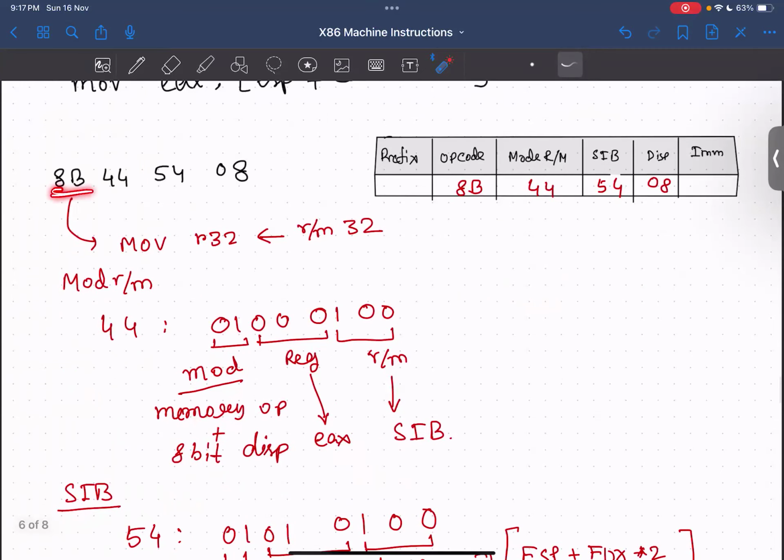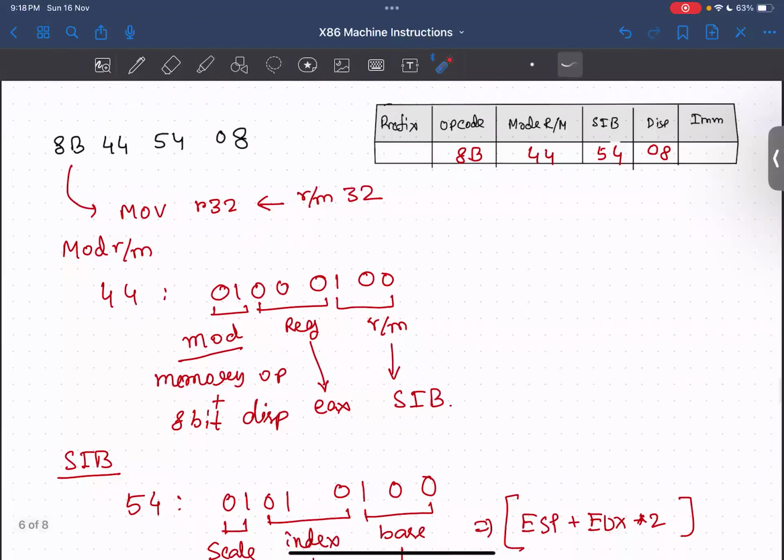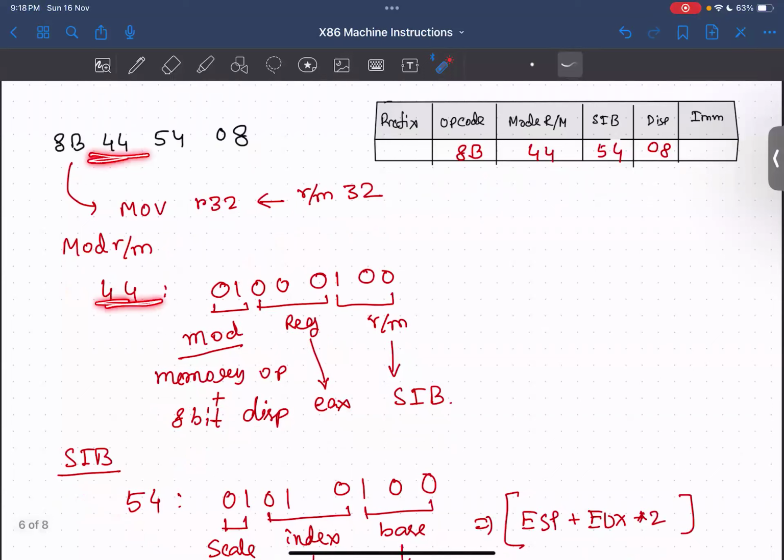So from 8B, we know this is the instruction architecture. It's a move instruction. The destination is supposed to be mentioned in the reg bits, and the source is supposed to be mentioned in the RM bit configuration. Now 44 is our ModRM, and if I expand this, this is 4 and this is 4 again, right?